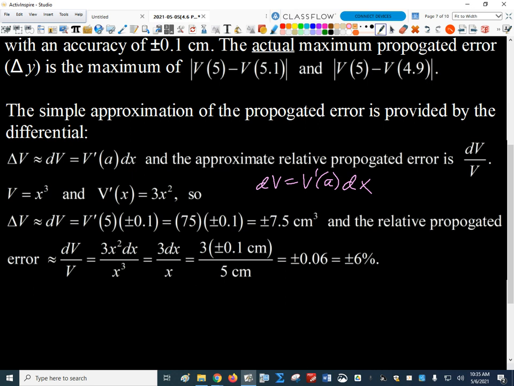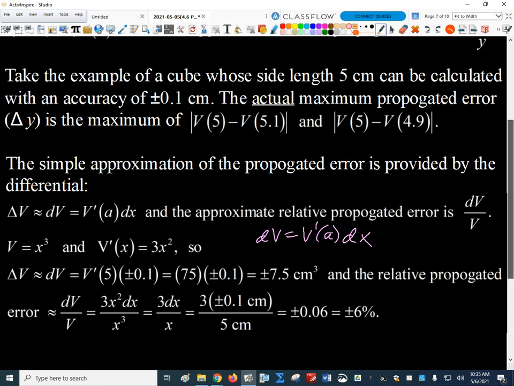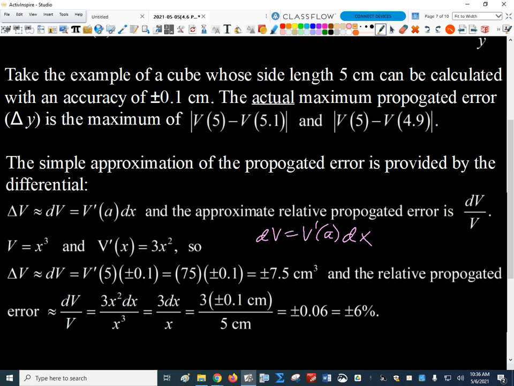Okay, what's a? Yeah, it's 5, right? That's my measured value. What's dx? Well, 0.1, right? Because that's the error, okay?